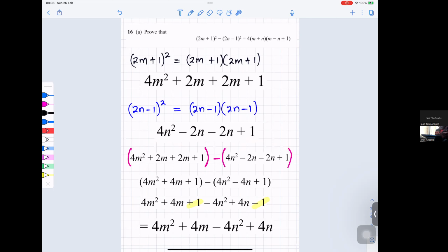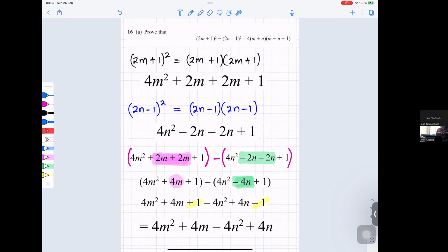When you are subtracting them, we start by putting the 2m plus 2m together. 2m plus 2m, it gives you 4m. We do minus 2n for November. Minus 2n, n for November, minus 2n for November, it gives you minus 4n.